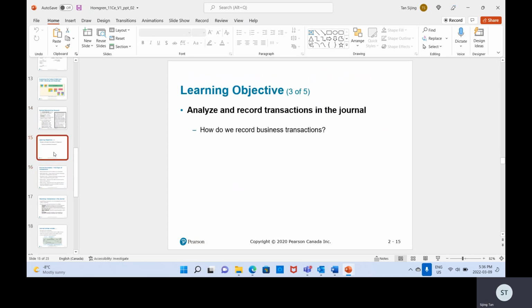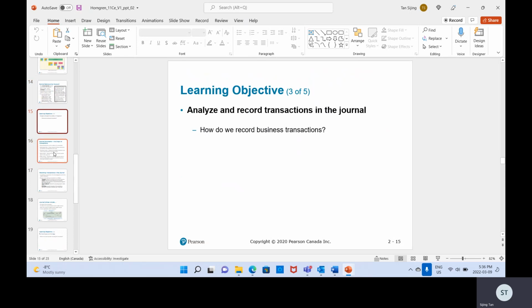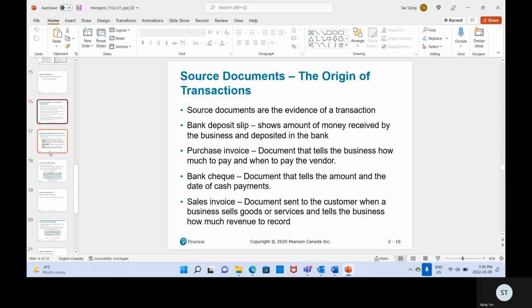Now we'll move on to learning objective number 3: analyze and record transactions in the journal. Source documents are the raw materials that provide evidence of transactions. Bank deposit slips show the amount of money received by the business and deposited into the bank.